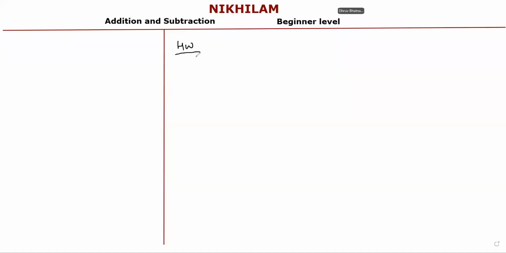Homework question number 1: you have to write 2928. What is it in the bar format? Second question, 57.